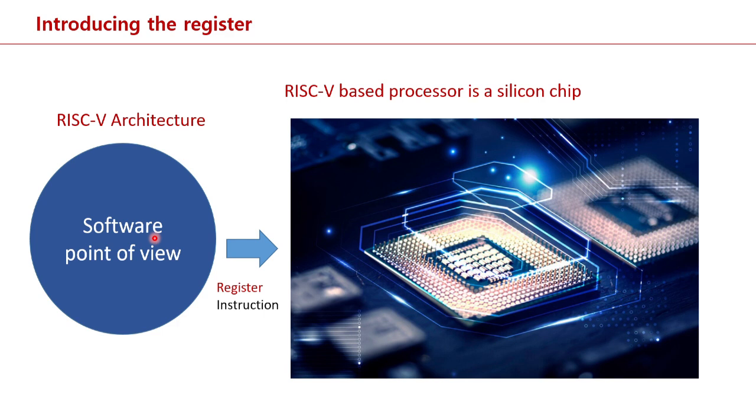But in order to check whether the processor runs the machine code in the correct manner, we should check the value of the register before and after the instruction. So I can say that the activity of debugging is to check the value of the register before running an instruction and after running an instruction. That is why understanding how the register is organized is important.